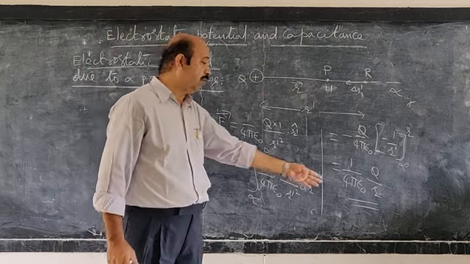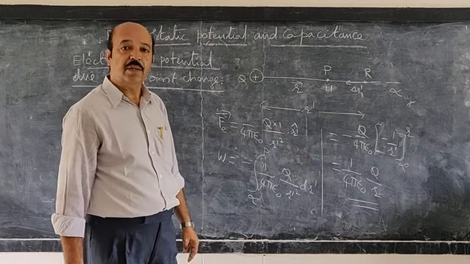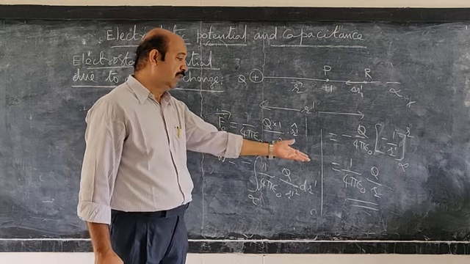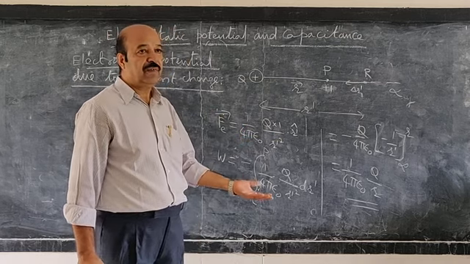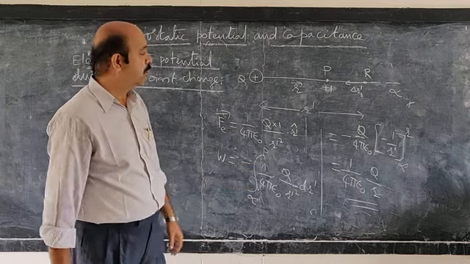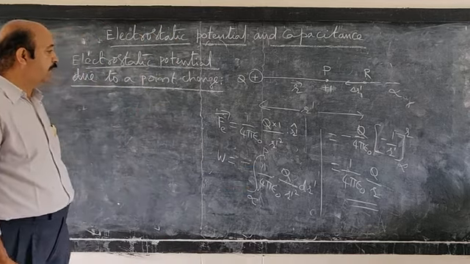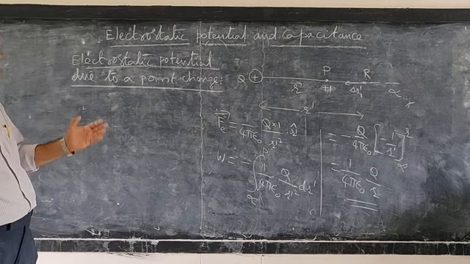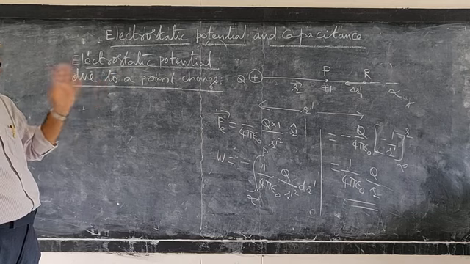So if work is done on the charge, the potential will be positive; if work is done by the electric force itself, it will be negative. In that way, we can derive the formula for electrostatic potential due to a point charge.